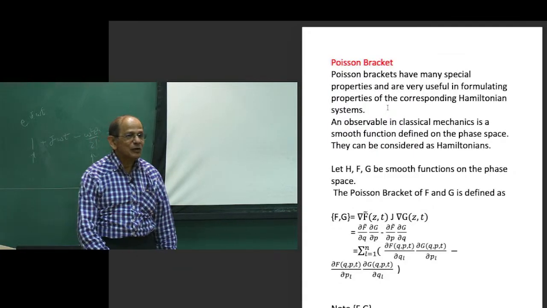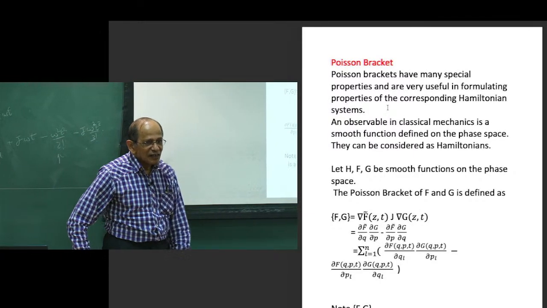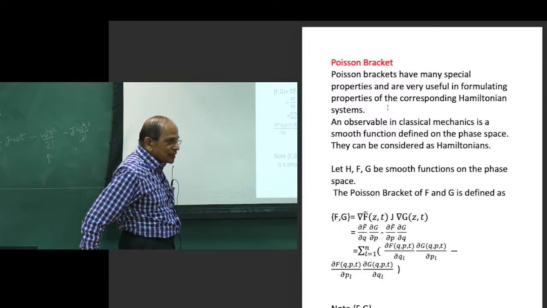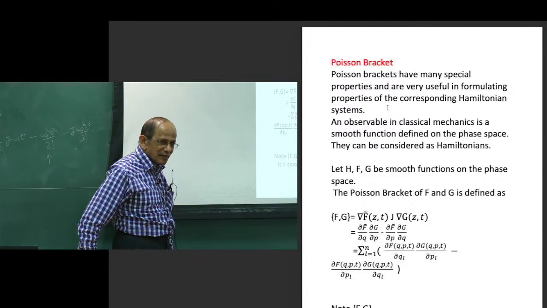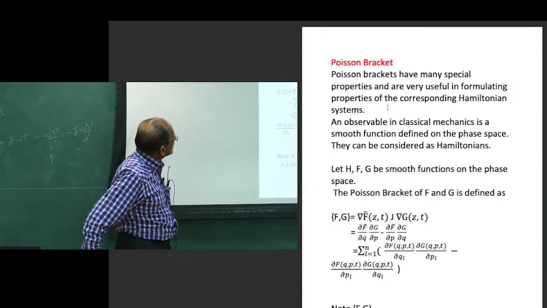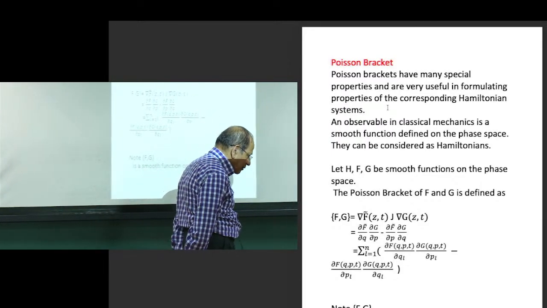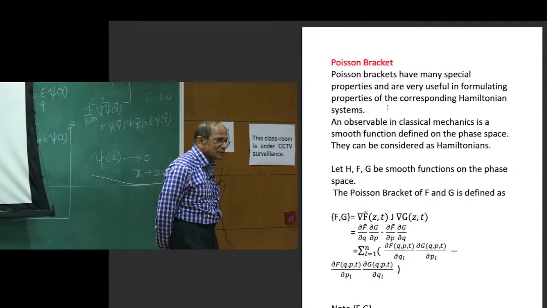Now, let us come to another very important construct. Poisson brackets have many very special properties, some of which I will list later. And before going to the Poisson brackets, let me remark what is an observable in classical mechanics, in Hamiltonian mechanics.